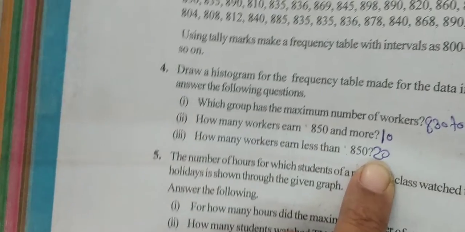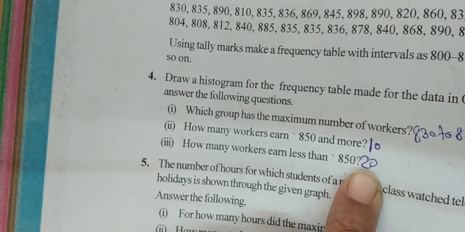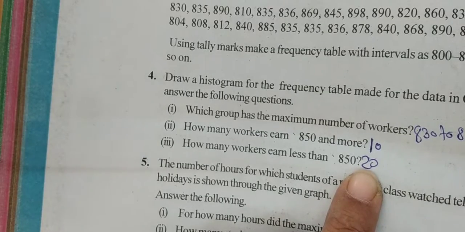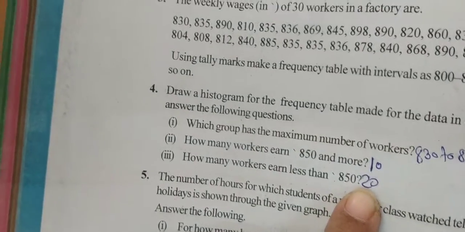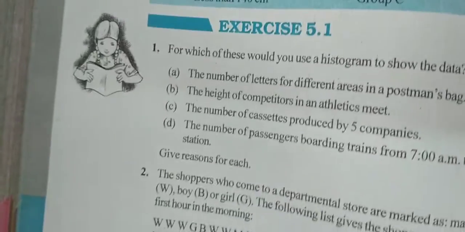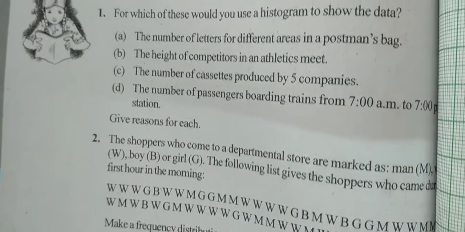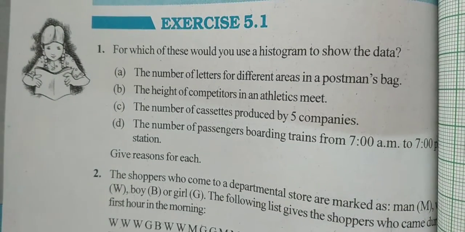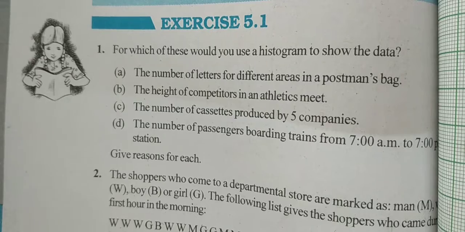Okay? So we come to the end of the histogram section, or the end of exercise 5.1, where the rest of the questions you have to do on your own and put your homework in your WhatsApp group.